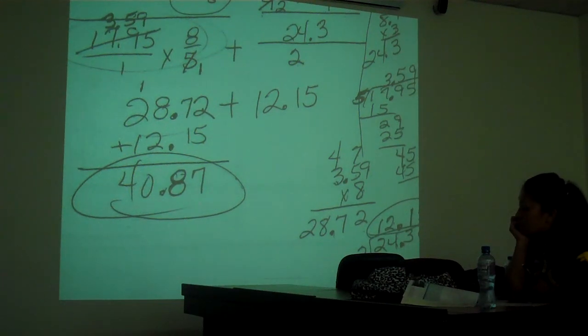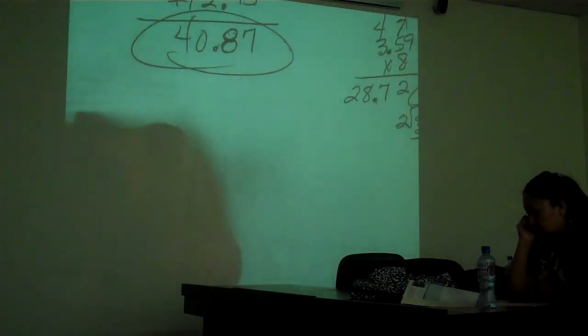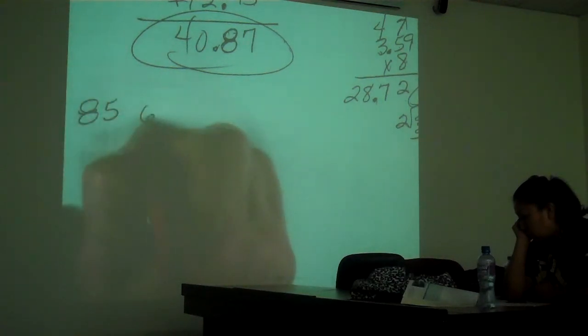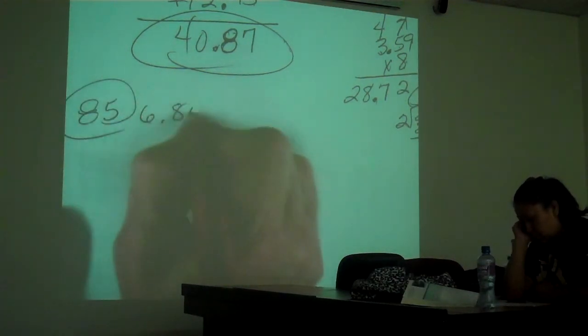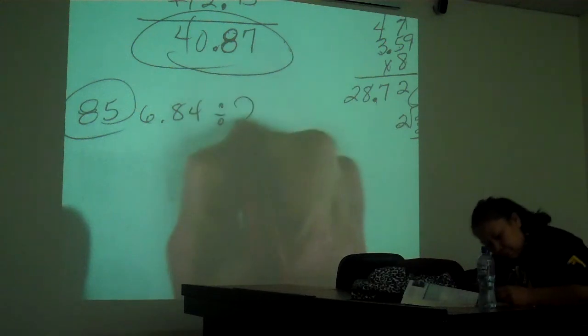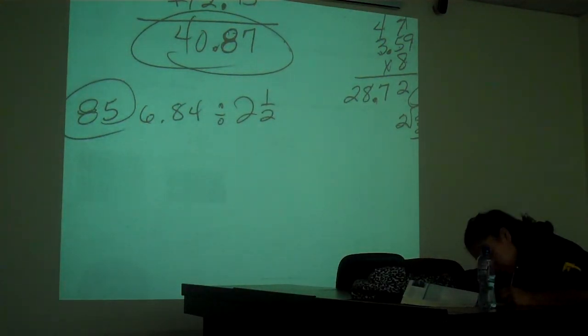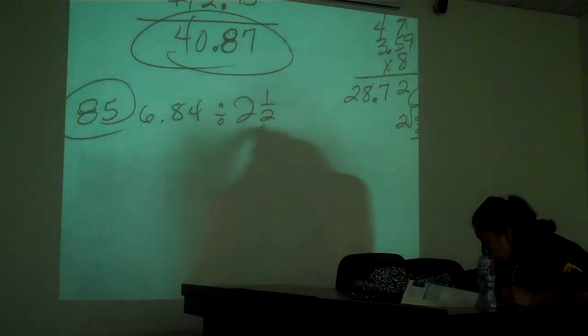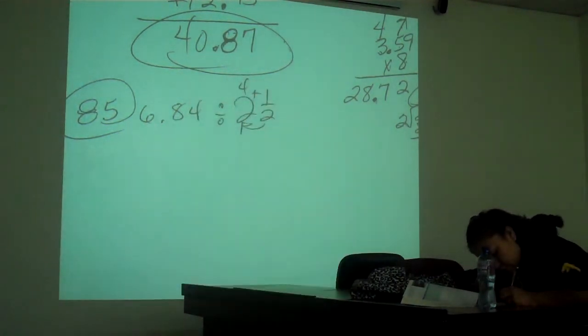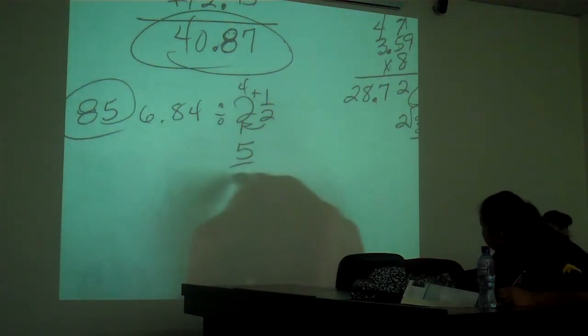On number 86, you have a mixed number times a decimal. Let's do number 85, it has a mixed number also. 6.84 divided by 2 1/2. Okay, don't forget, before you do any flipping, you have to make that improper. 2 times 2 is 4, plus 1 is 5. So this is 5 halves.